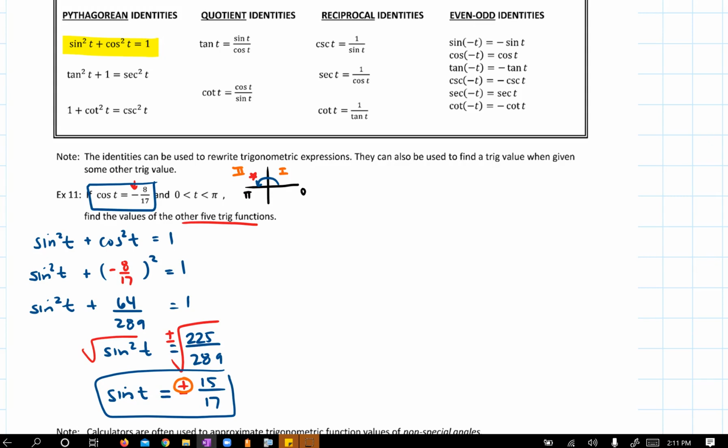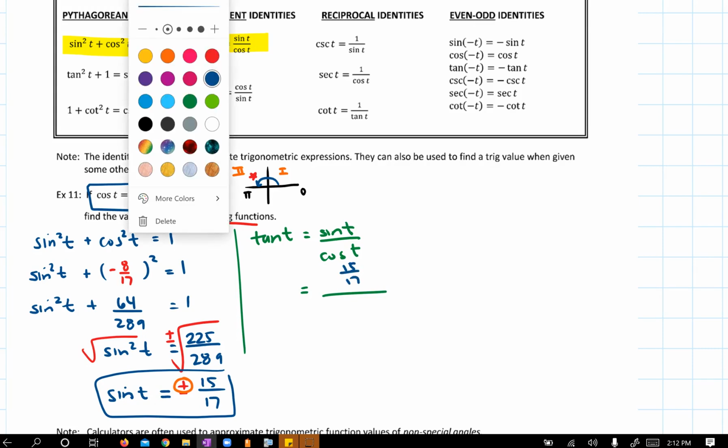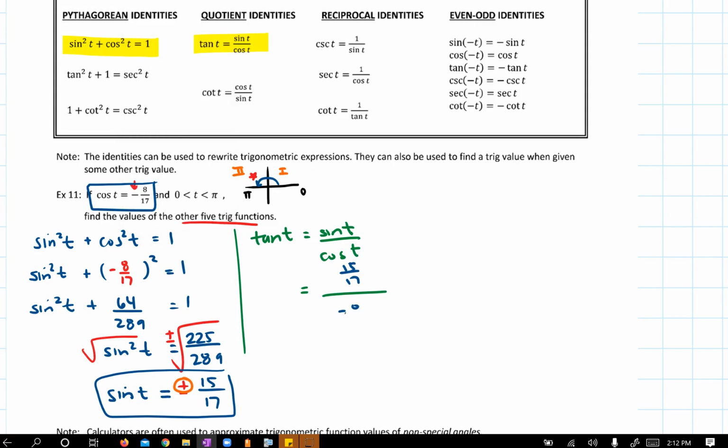I'm going to use the quotient identities to figure out what tangent is. Tangent of t is equal to sine of t over cosine t. Now keep in mind, we want to replace these. We do have the sine of t, which was 15 over 17, and cosine of t is negative 8 over 17.